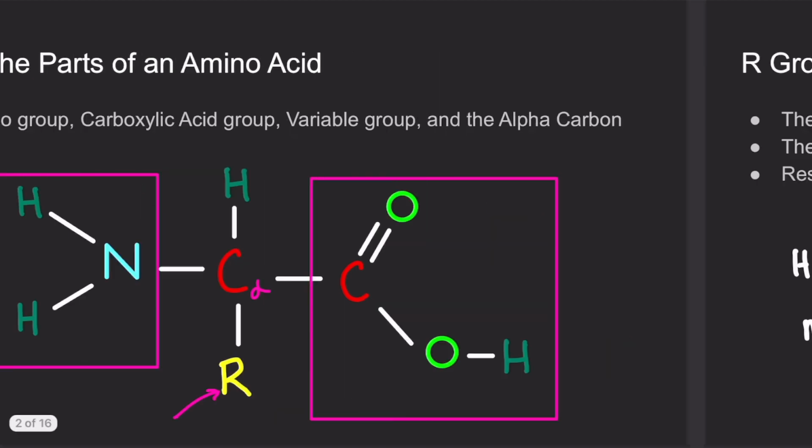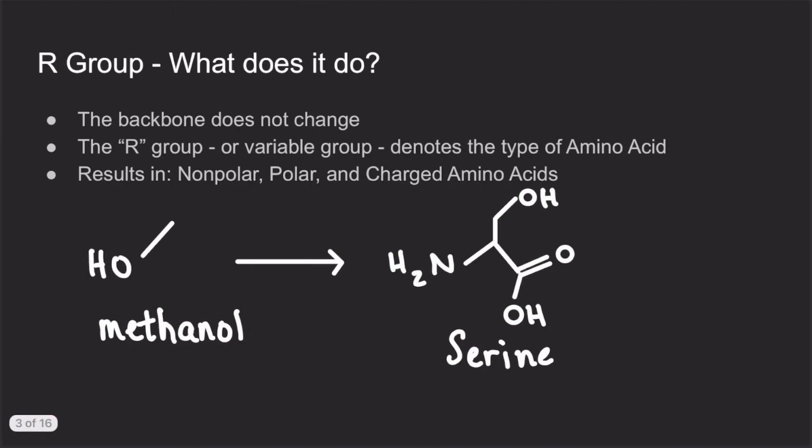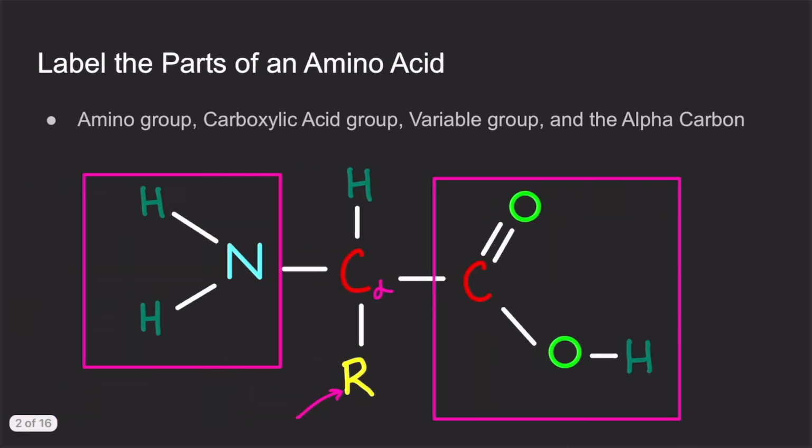What does that mean to be a variable group? And really, what we can talk about is if we only define amino acids by the backbone, right, that NCC, well, then every single amino acid on the planet would be the exact same, right? All of these alpha amino acids, they would all have that same thing. But we know that's not the case, right?